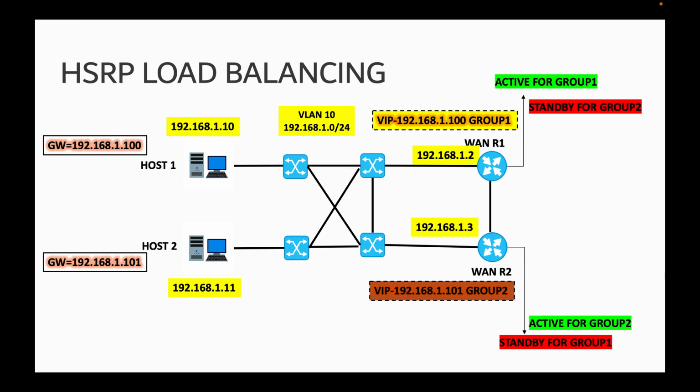Here we can divide one VLAN into multiple groups. So host 1 will be in group 1 and host 2 will be in group 2. Group 1 will have a virtual IP of .100 and group 2 will have a virtual IP of .101. For group 1, the active router will be R1 and for group 2, the active router will be R2. So in this way, you can load balance even if you have the same subnet.